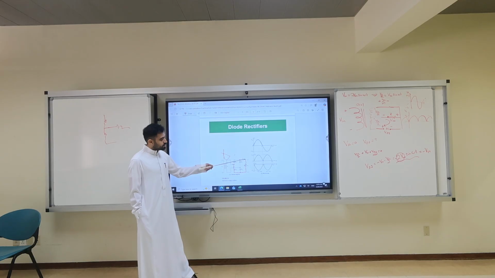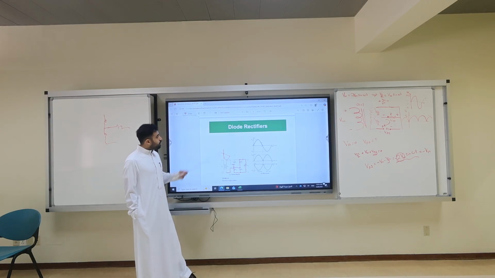This is the resistor. Okay. Or the typical diode, that's okay. You can say during a negative cycle this is more positive. This is more positive. This is more positive. Clear? Yes.